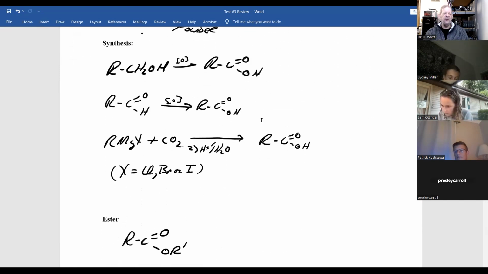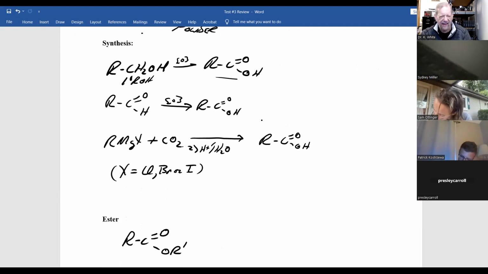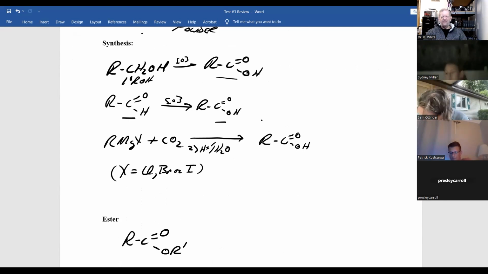Now, how do you make a carboxylic acid? If you take a primary alcohol and oxidize it, you'll get a carboxylic acid. If you take an aldehyde and oxidize it, you'll also get a carboxylic acid.